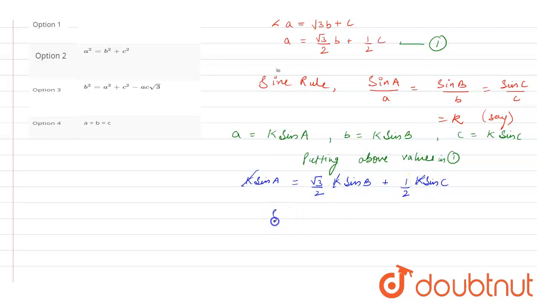So we'll be left with sin A is equal to root 3 by 2 sin B plus half sin C.